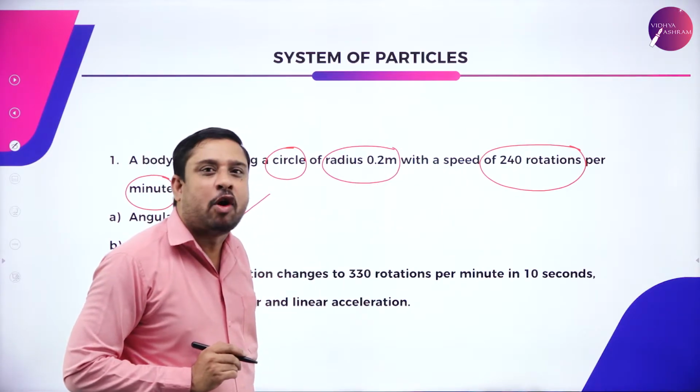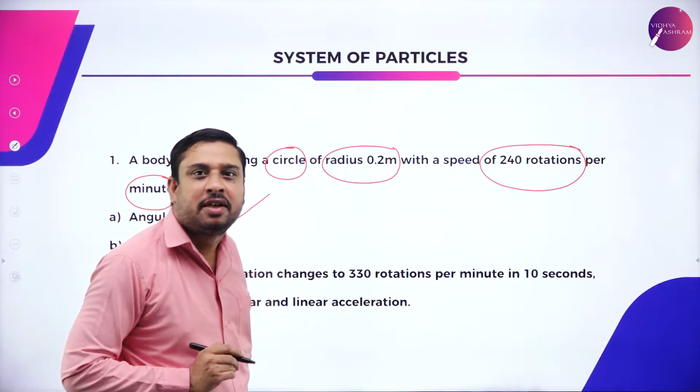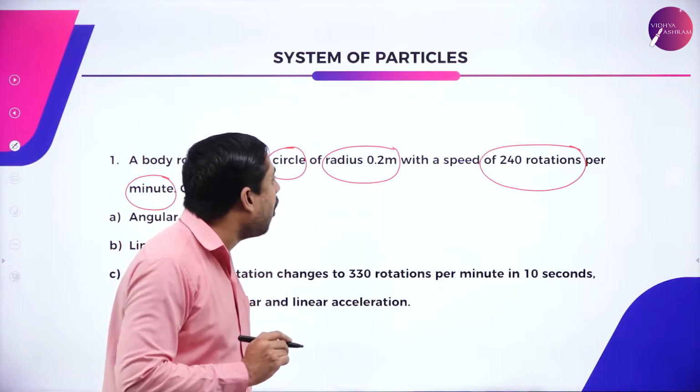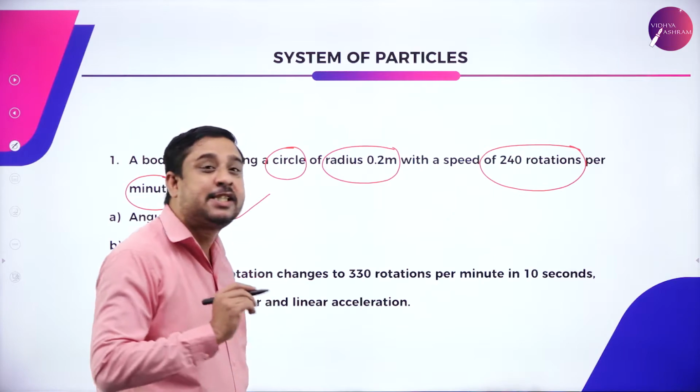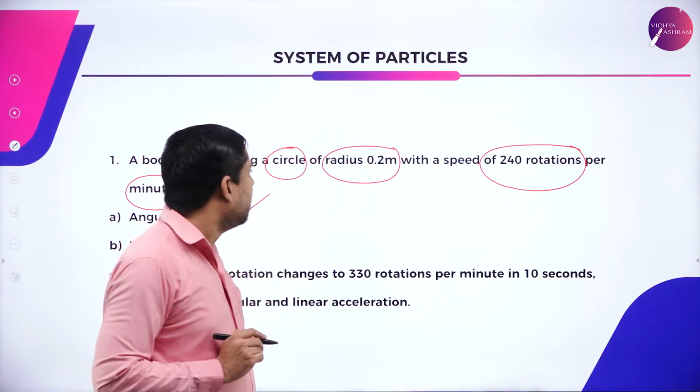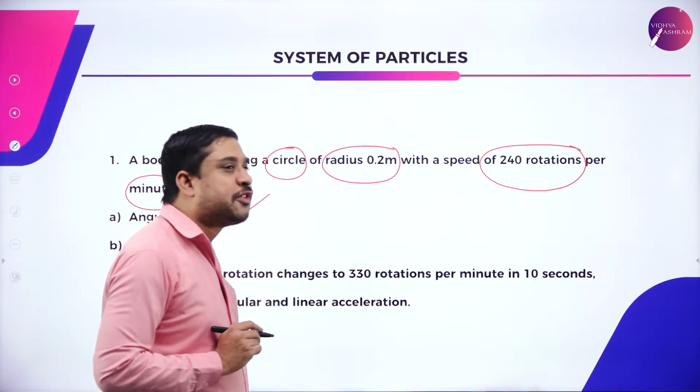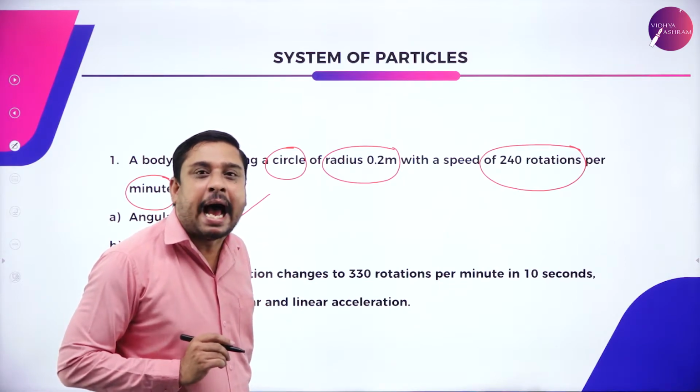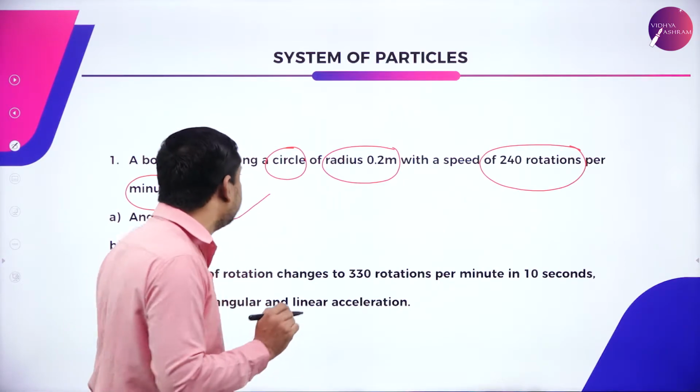The speed of rotation is 240 rotations per minute. So first, I have to calculate the angular speed.